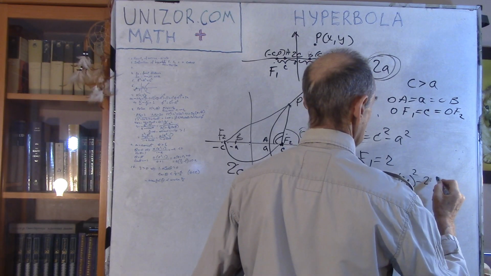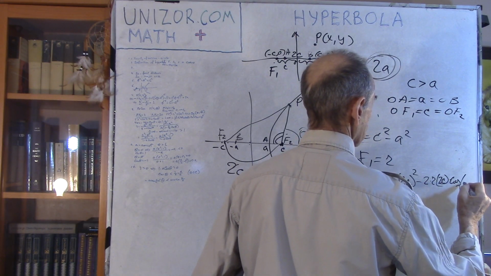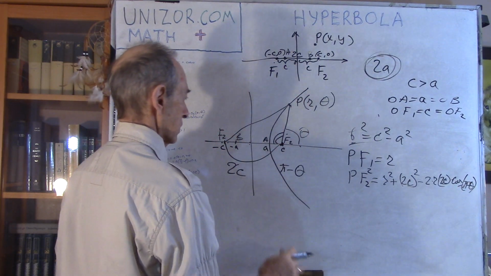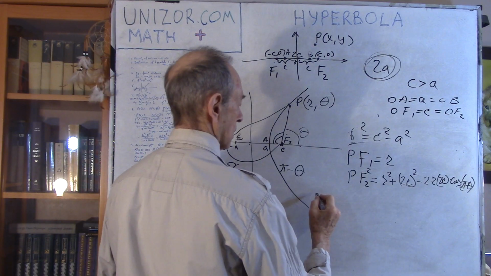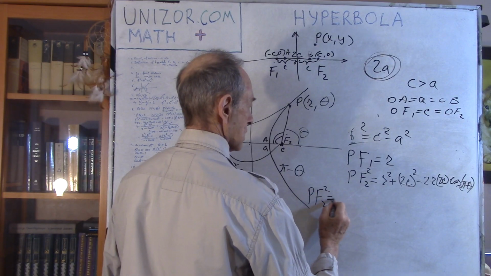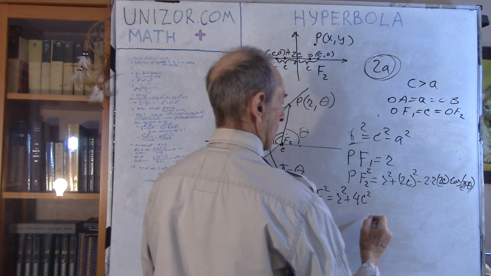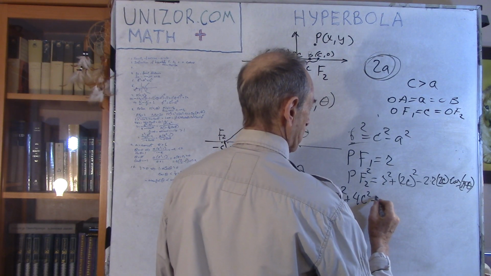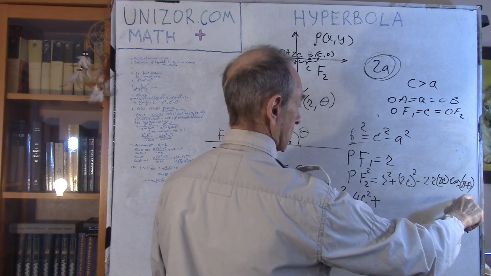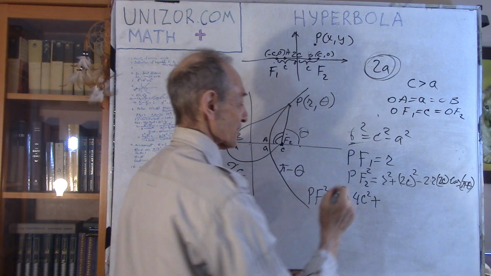So it's 2 times r times 2c times cosine of pi minus theta, right? Okay, great. So now obviously we have that PF2 squared is equal to r squared plus 4c squared plus, you see, cosine of pi minus theta is minus cosine of theta, if you remember trigonometry. If you don't, try to recall it.